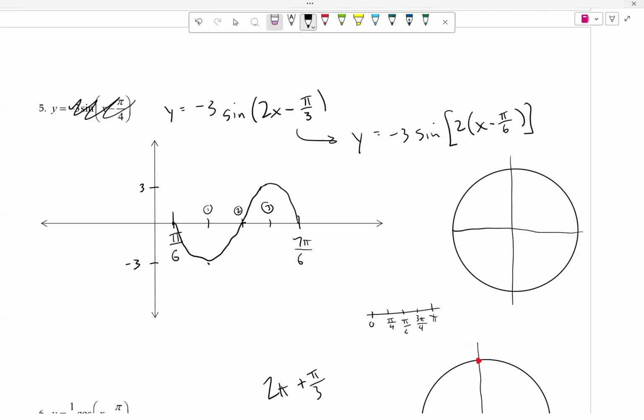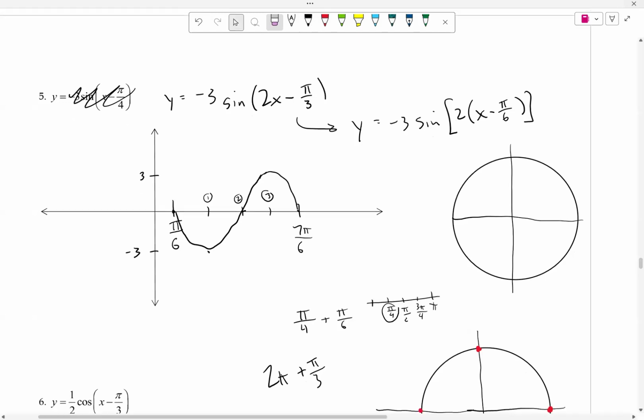Oh, nice. Which one are you doing first? I see pi over four. So this one first. Okay, so pi over four plus pi over six.